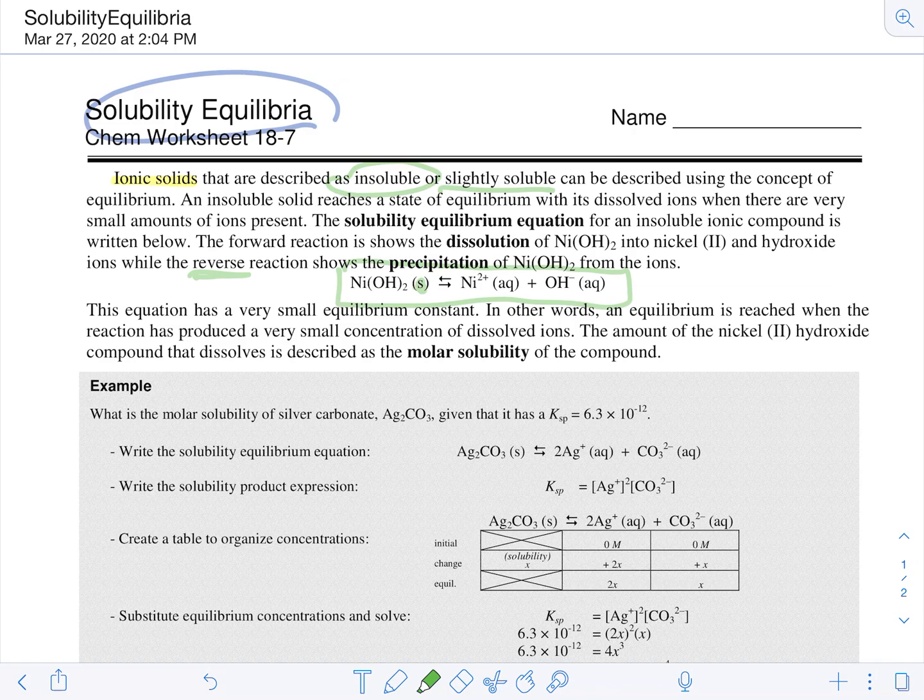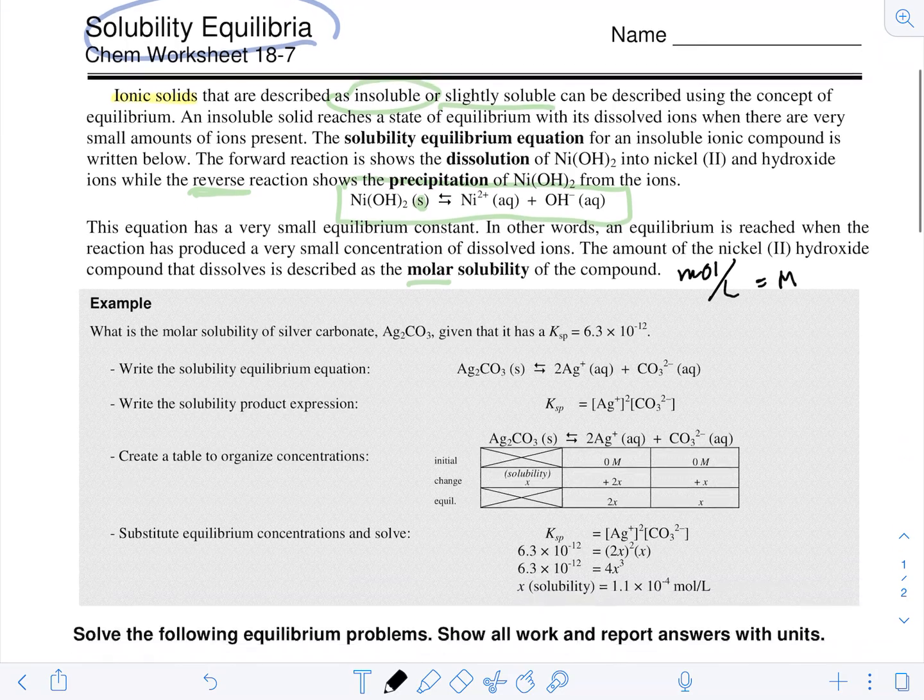When we are looking at these kinds of equations, we're also looking at what we call solubility. This is a molar concentration, which means moles per liter, or molarity.